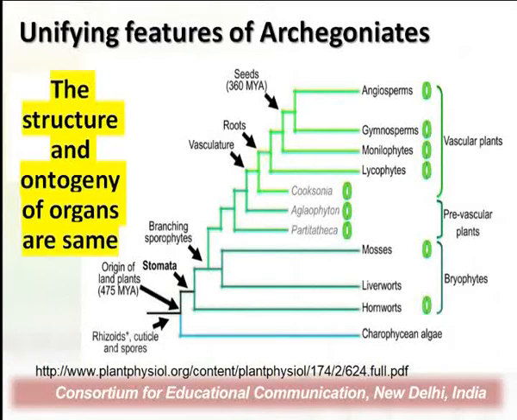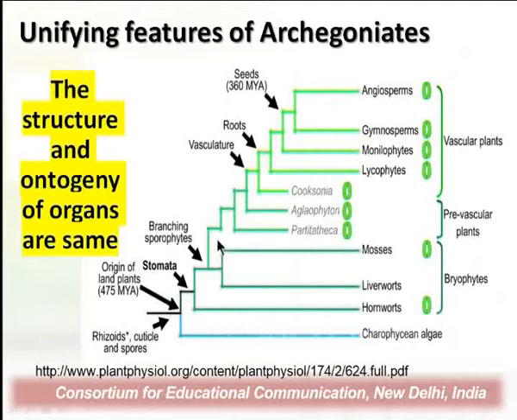Similarly, we can see that development of vasculature, roots, and seed habit happened later on during the time period. So, as land plants gradually ventured onto the land and evolved, these various events took place where different types of plant organs developed.